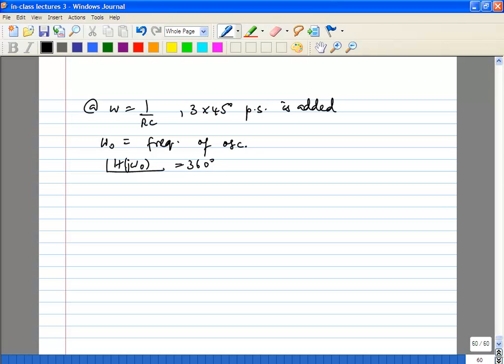So we know this condition has to be satisfied: pi minus 3 tan inverse omega over omega p. That is the phase added by each one of these at any frequency omega naught, and we want it to be 2 pi.